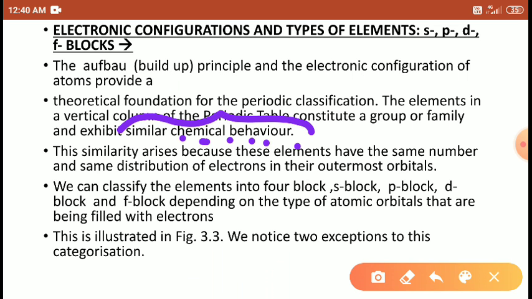Similar chemical behavior means they are monovalent, and all are easily soluble in water. That's why they are said to exhibit similar chemical behavior, students.